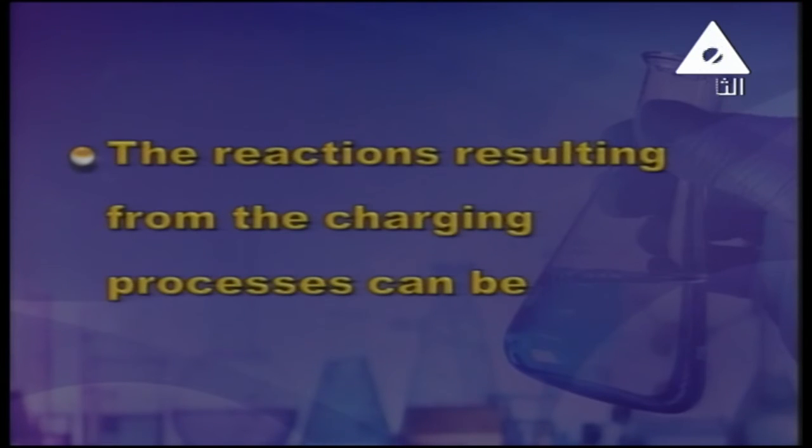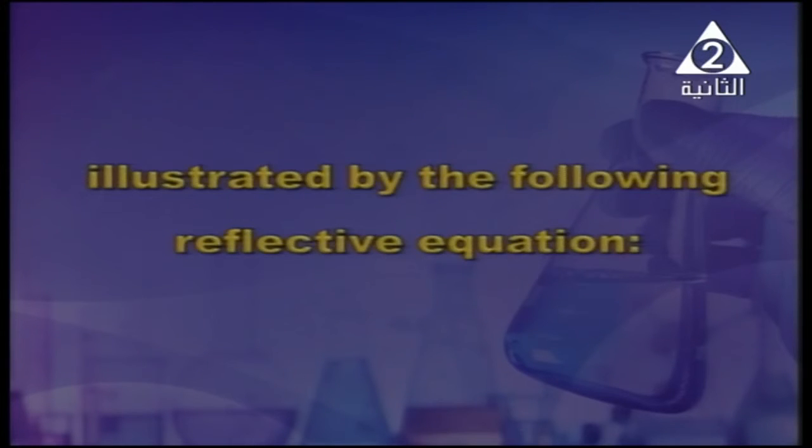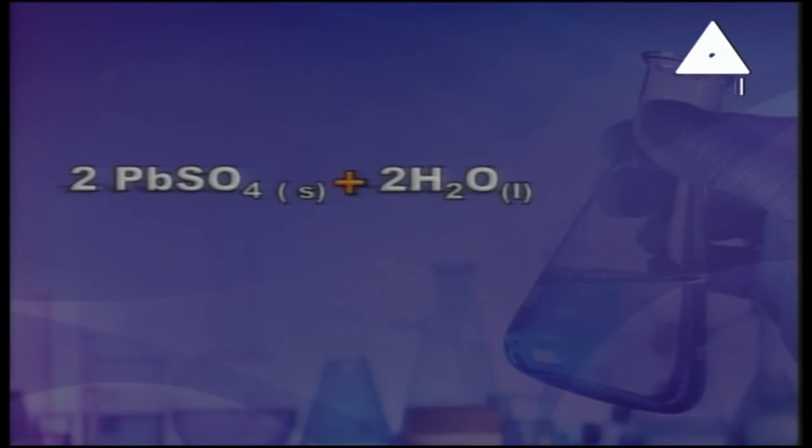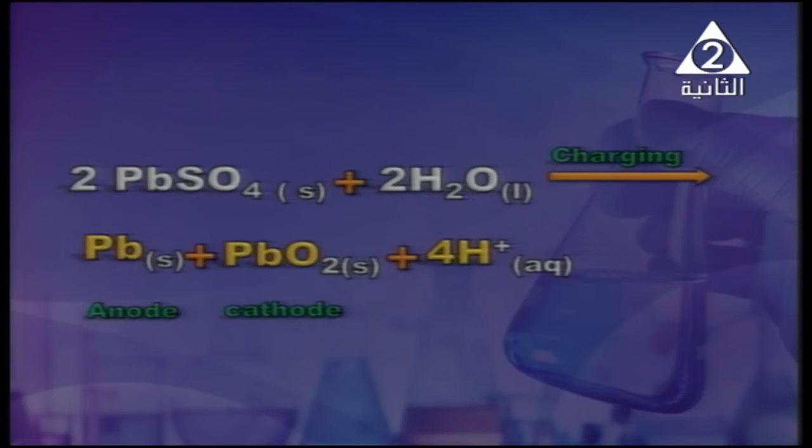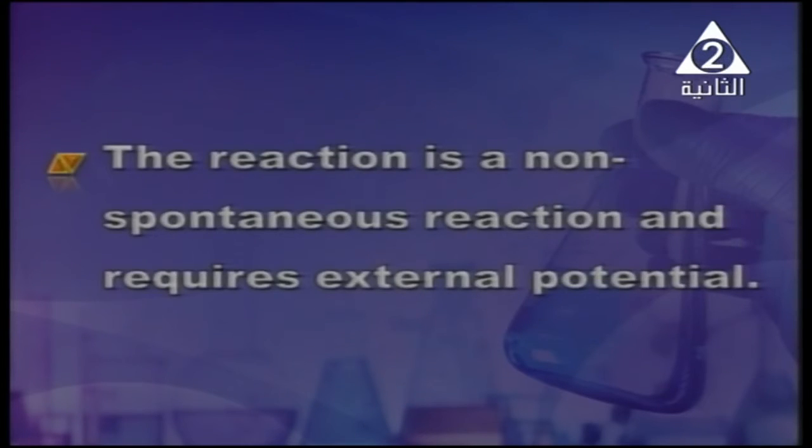The reaction resulting from the charging process can be illustrated by the following equation: 2PbSO4 plus 2H2O, charging process, to give Pb at anode and PbO2 at cathode plus 4H positive plus 2SO4 negative 2. The reaction is a non-spontaneous reaction and requires external potential.